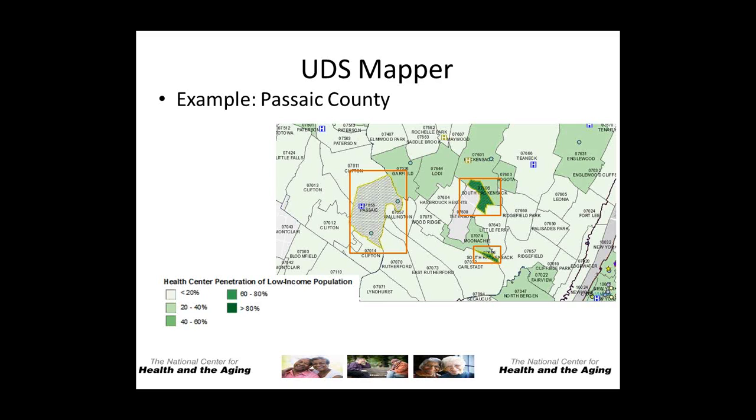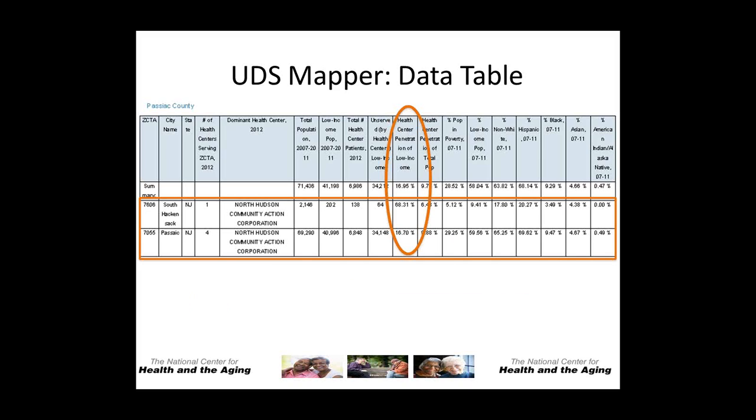And then South Hackensack has about 60 to 80% penetration. That's fairly high, but since we saw in the previous map that there's a high elder and minority population, and then we see a high need in this area for low-income populations to receive care from health centers, we now see this overlap that we can indicate in grants and funding opportunities in various aspects.